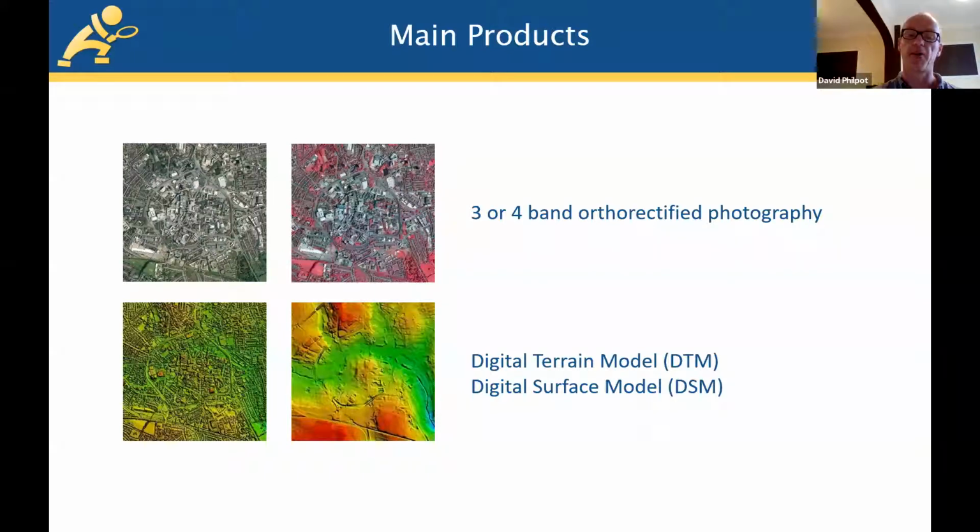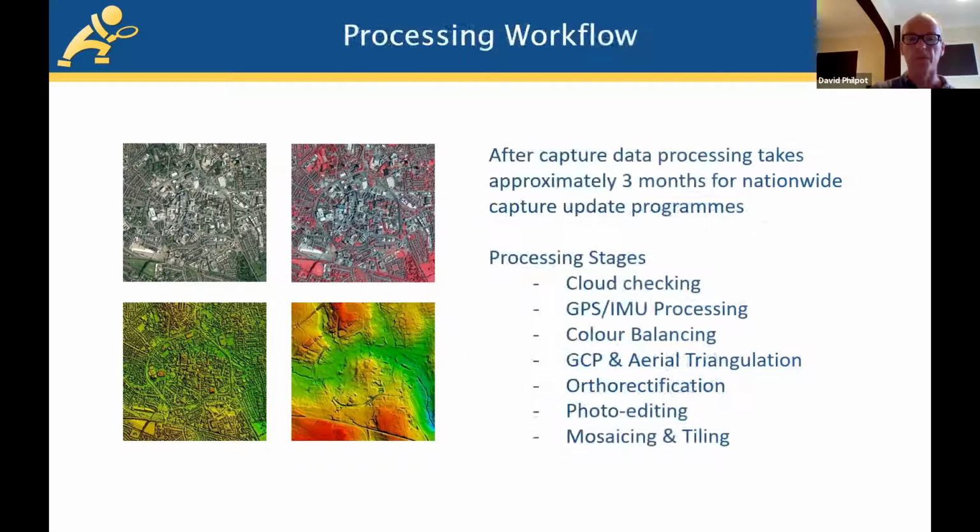It's called a bare earth model, which, as we'll see later, is very useful for things like flood modeling. Now, the DSM and DTM are directly derived from the photography during the production process. So you've got four important products. And if you've got a DTM, which I haven't shown on the slide, you can actually automatically and very easily create contour data for mapping.